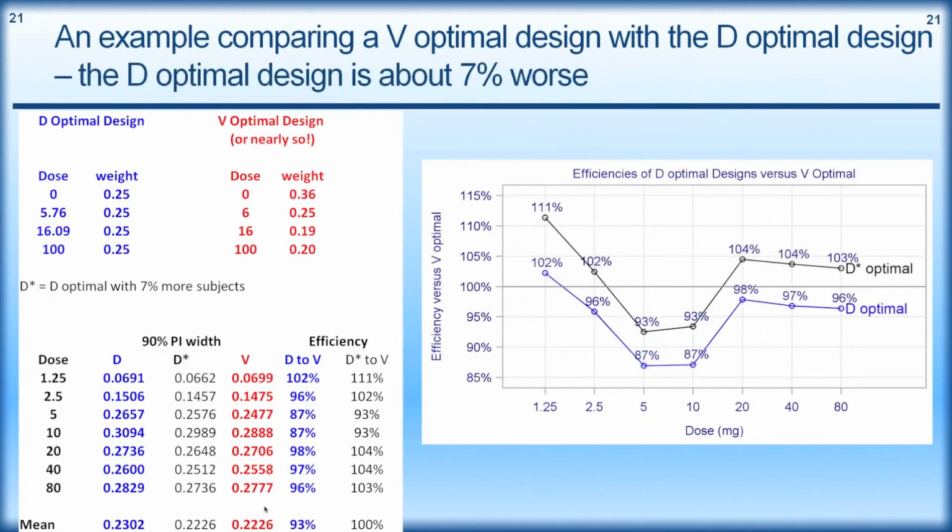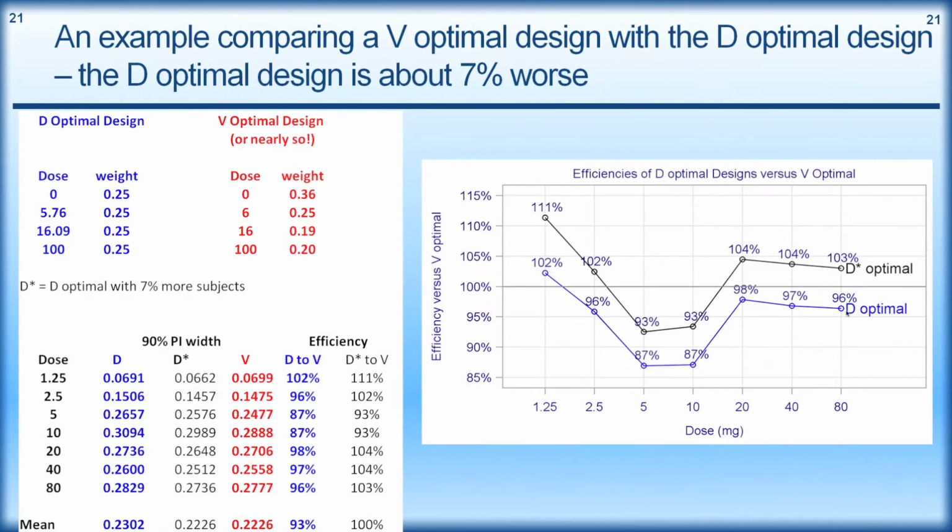Another way to present that is with efficiency. We can look at the efficiency across the dose range. We see that for the D-optimal design, the widths of those intervals are generally larger, with the exception of the first point, than they are for the V-optimal design. So the V-optimal design is doing better. It's getting a smaller 90% prediction interval, and we see this with the blue line.